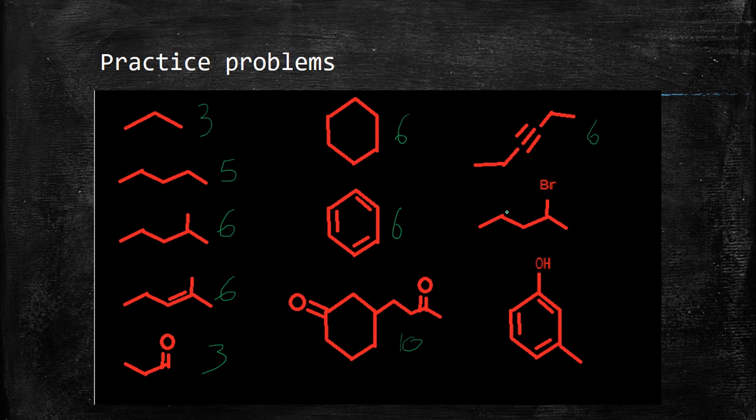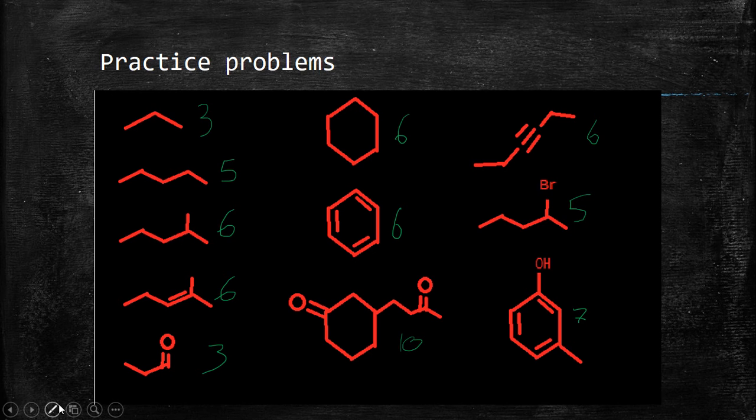We've got 1, 2, 3, 4, 5, and you might start to go 6 here, but no, remember that this is bonded here to a bromine in this case, and so it's not actually a carbon, so we only have 5 carbons here. Here we have a benzene derivative with oxygen and hydrogen up here and a methyl group down here. So if we count, we go 1, 2, 3, 4, 5, 6, 7. Awesome. So that's the number of carbons in each of the structures.